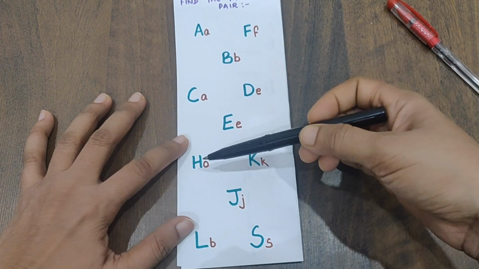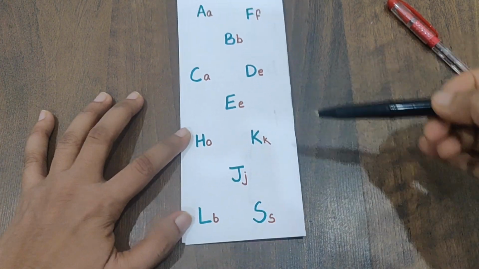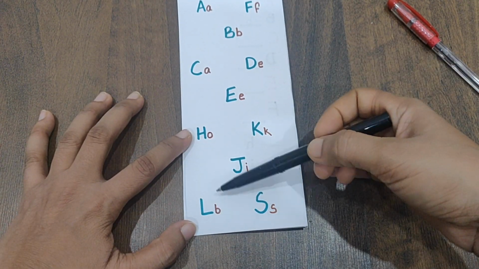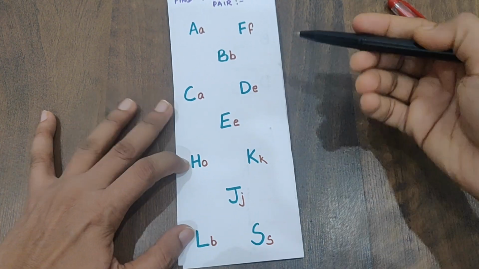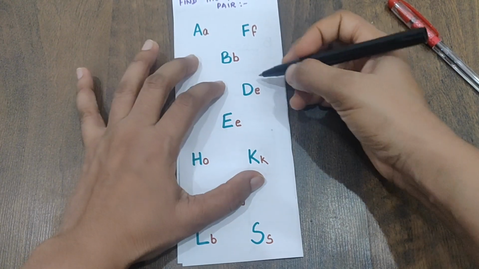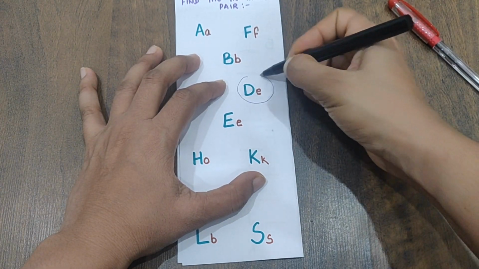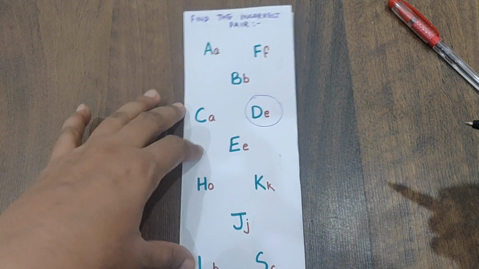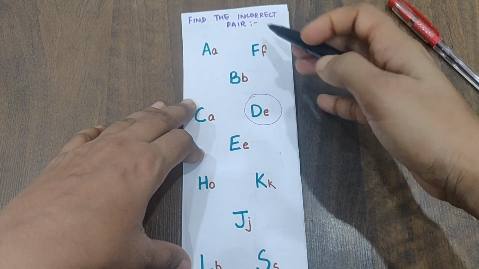Again E is correct, again with H, O is written, so the combination is wrong. For L, B is written, the combination is wrong. K is correct, J is correct, S is correct. So we are going to circle all the incorrect ones. D gets circled, and likewise you have to circle all the wrong pairs. So find the incorrect pair.